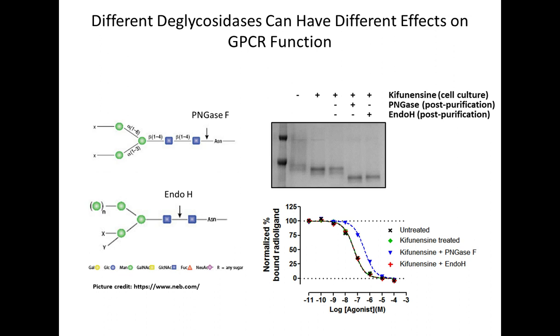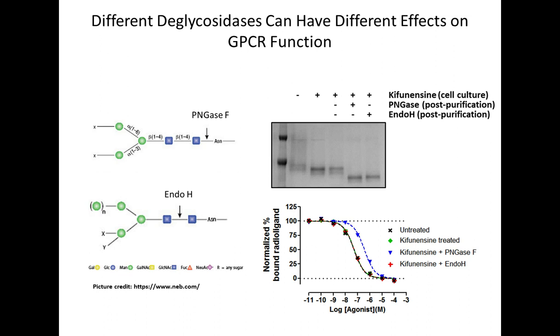So what we found with one of our receptors, quite surprisingly, is that if we grow this receptor in the presence of kifunensine to restrict the glycosylation, that gives us a much more homogeneous band, as shown in the gel up top. And in fact, it has no impact on the ability of our receptor to bind ligand, as shown in the bottom graph.